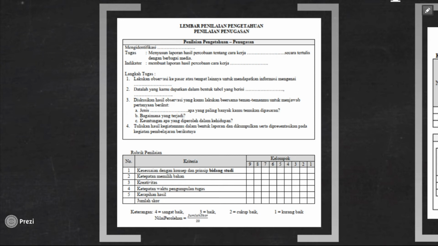As we see here, how to identify a topic, and then what the assignment is, like writing a report or the result of an experiment, and then the indicator is to make a report of the result in an experiment.